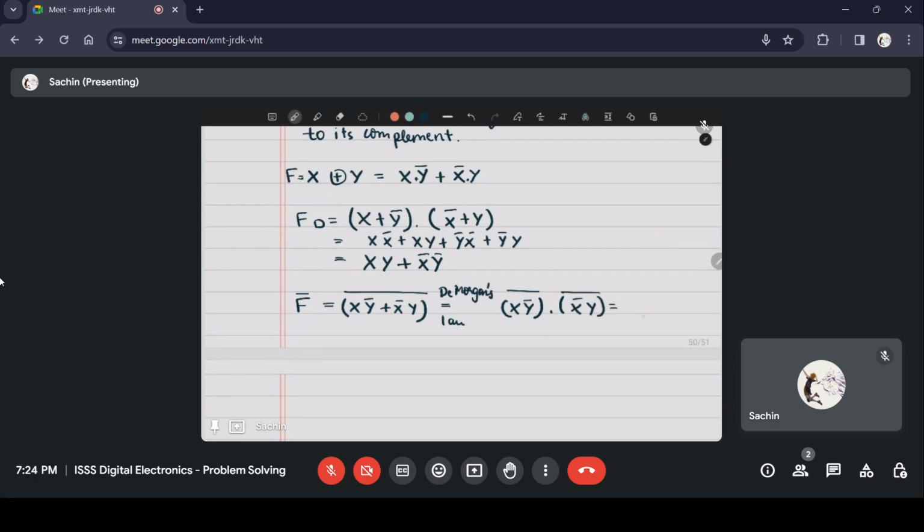This is nothing but again De Morgan's law, (x prime plus y) and (x plus y prime), which we saw earlier. X plus y prime and x prime plus y is xy plus x prime y prime, which is equal to the dual.